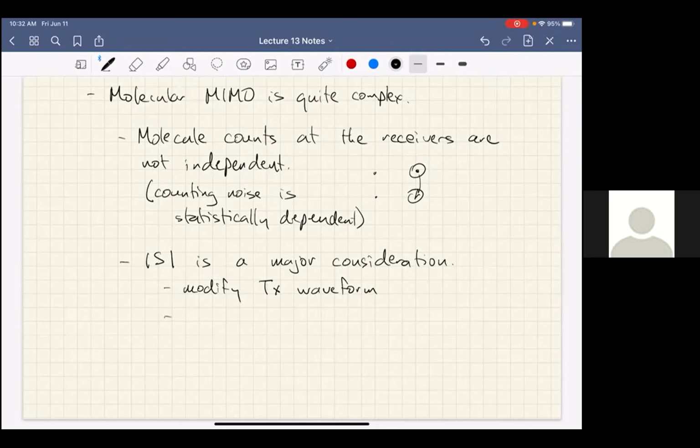You can do molecular pre-coding. You can also adjust the threshold at the receiver. But in fact, dealing with ISI is actually the biggest factor in designing the receiver. It turns out to be a very complex problem because of the very long tails. And it's not feasible to wait for ISI to die out.